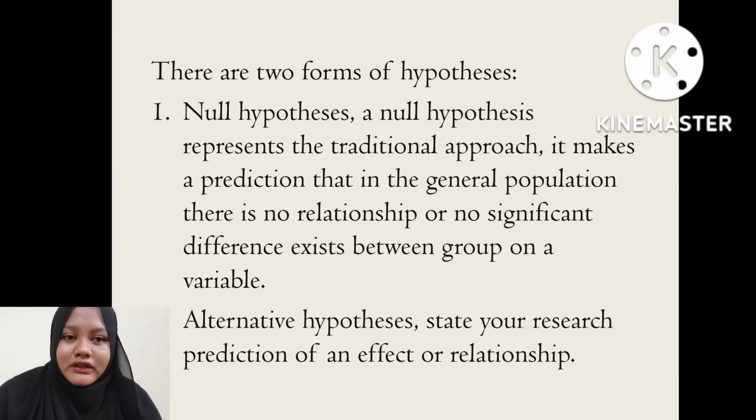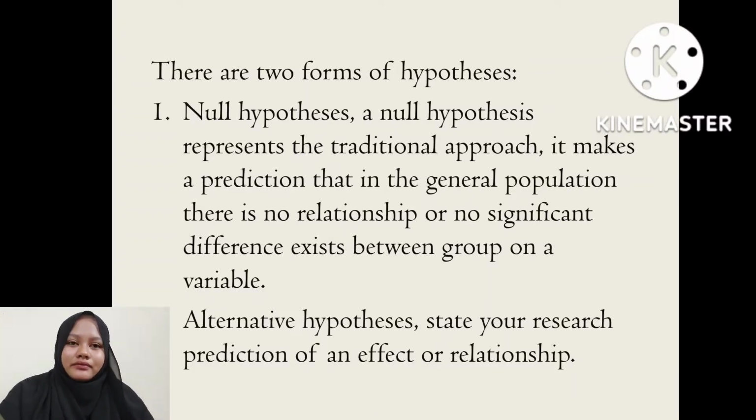An alternative hypothesis is the opposite of the null hypothesis, so it's the prediction of an effect of the variable. So the alternative hypothesis is the prediction that shows there is a significant effect from the variable.